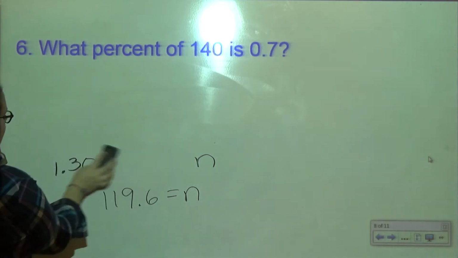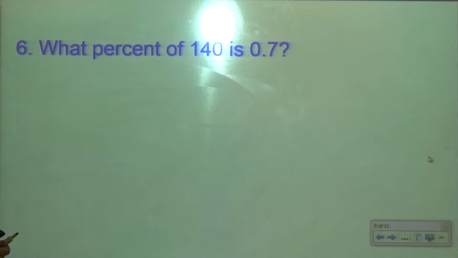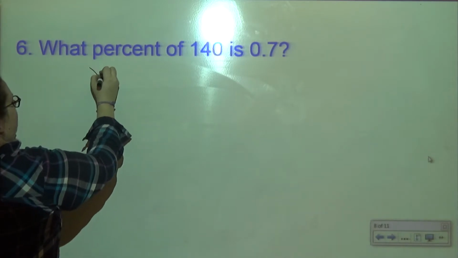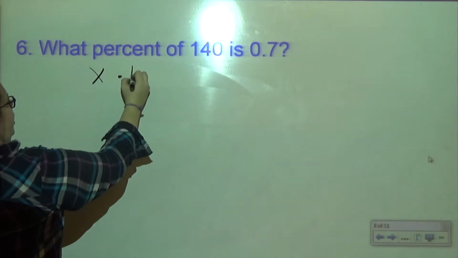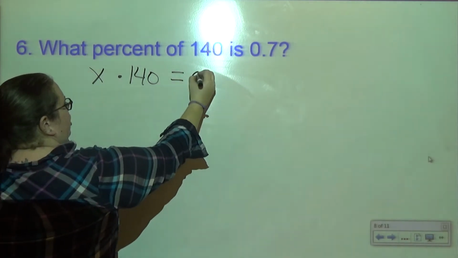Last one like this, and then we're going to go into some other word problems. Pause the video, try it on your own. What percent x of 140 is 0.7?